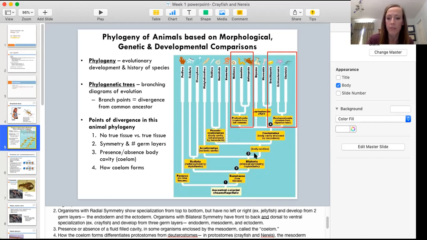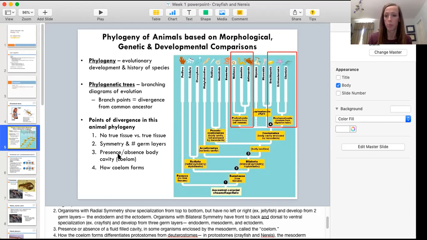As we progress then, we're going to see a divergence in whether or not the animals have body cavities. These are also called coeloms, C-O-E-L-O-M, the presence or absence of this body cavity. And this cavity is something that's within the body wall, but outside of the digestive tract, right?